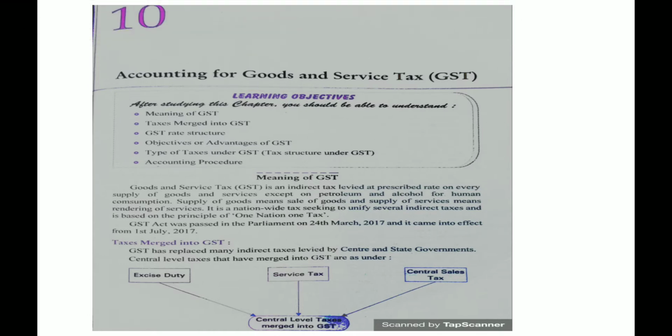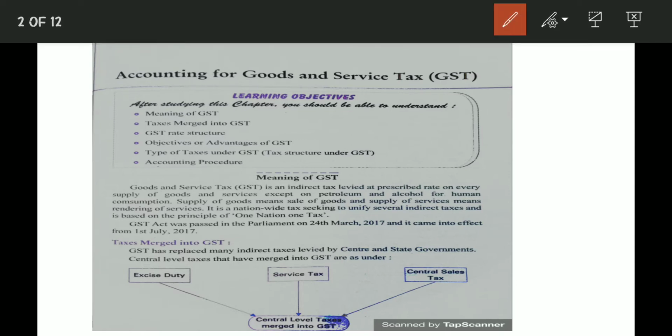It was introduced on 24th March 2017 and came into effect on 1st July 2017. There are many taxes which were merged together to become GST, like the central and state governments both impose indirect taxes.